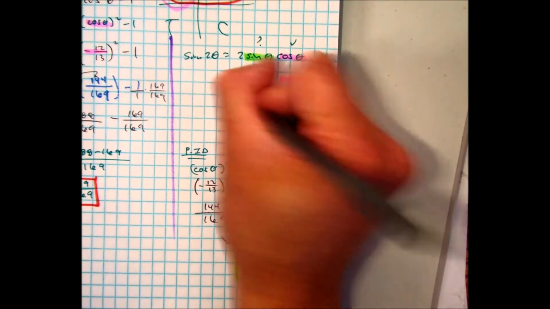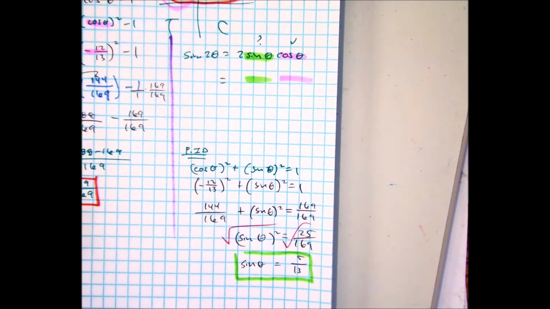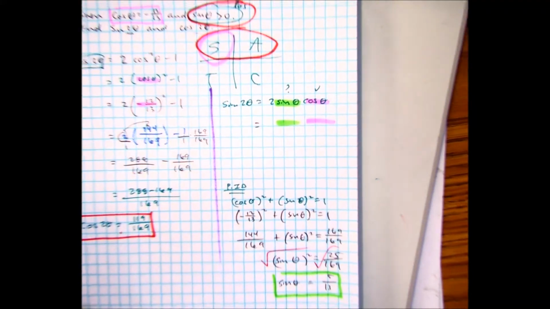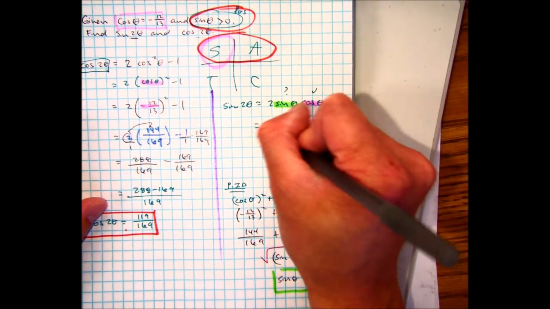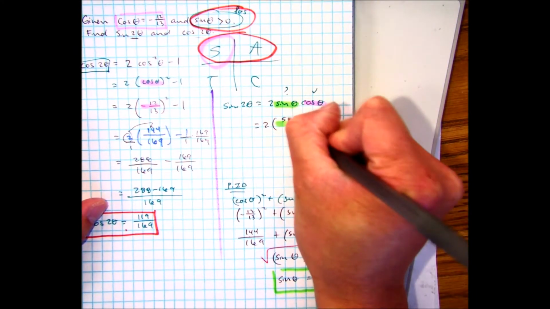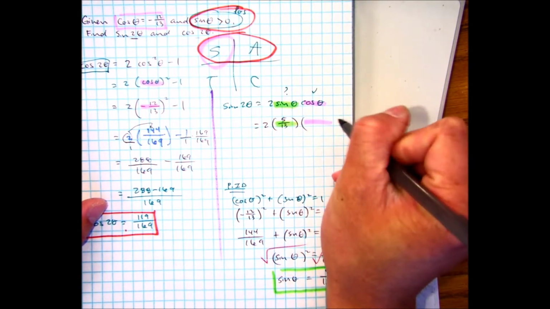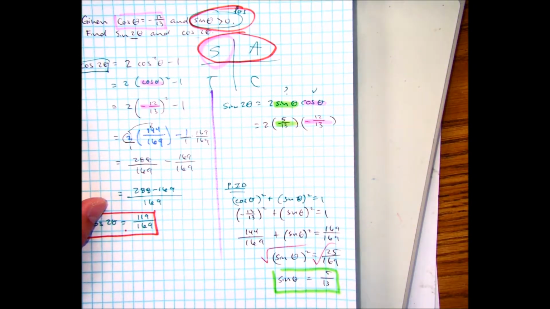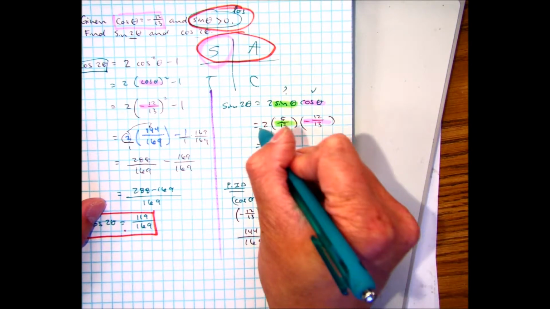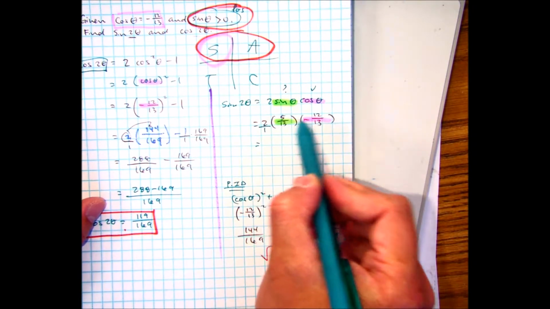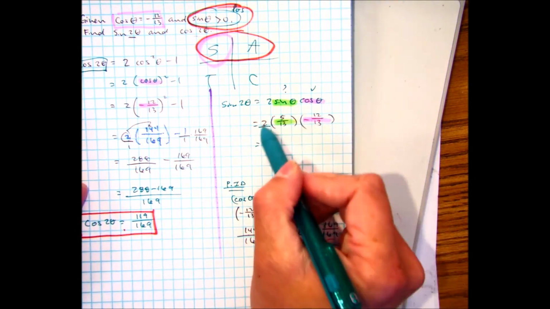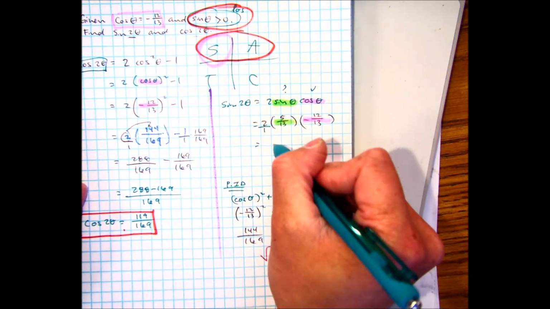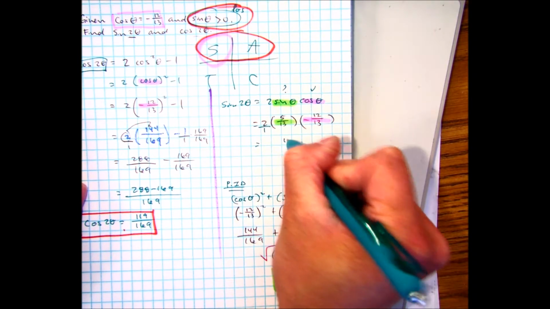Class, tell me what to write. 2 times negative 12 over 13. 2 is in the numerator, so you can just multiply all those numbers together. 2 times 5 times 12 is 120.